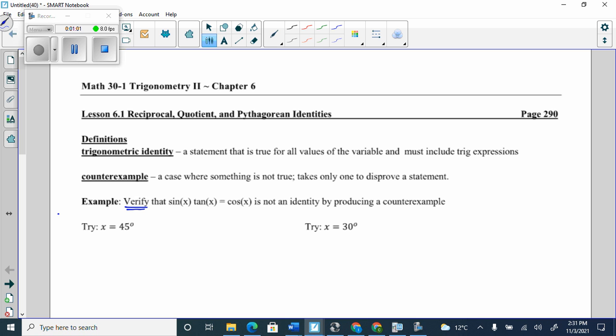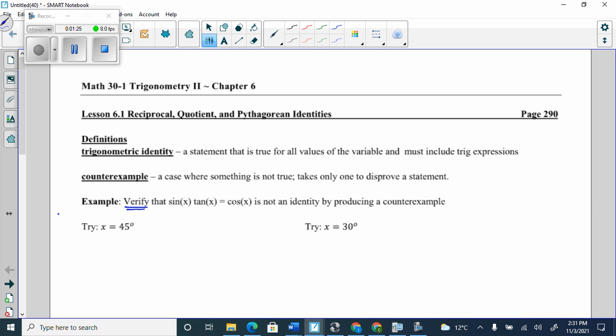There is nothing more painful than when you're marking a diploma and they ask you to verify something, and they sub in stuff for tan, and then they do some math. You can't do that. For verify, you're verifying that if I put 45 degrees into here, the left side will equal the right side.